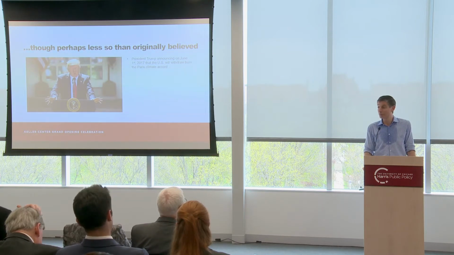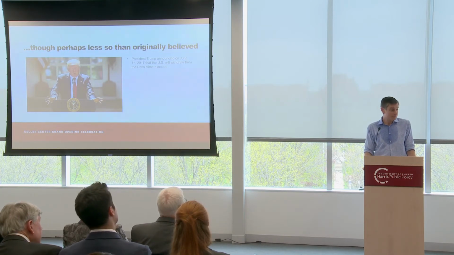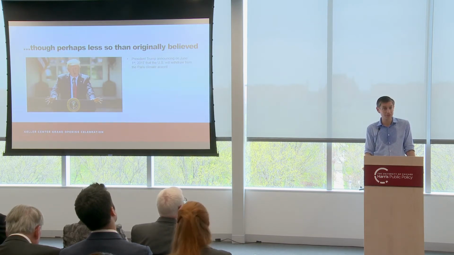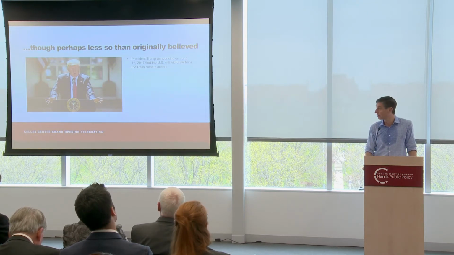I think probably even more important than that, it has taken pressure off other countries, and I think they felt freer to let it rip a little bit on emissions, and we're certainly doing the same thing.